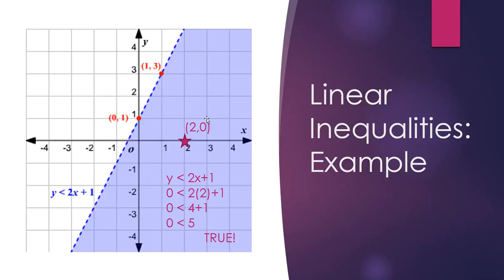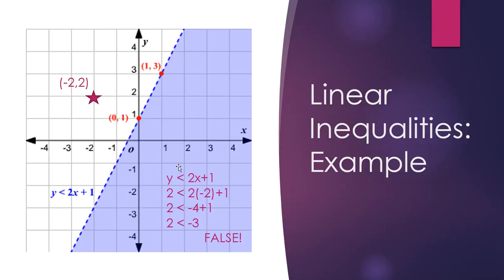If I picked another point in this shaded area, like 3 comma 1, or like 4 comma negative 4, or any other point in this shaded area, and I plugged it into my inequality, I would get a true statement out. Conversely, if I did this in the non-shaded area, so here's an example over here of a point, negative 2 comma 2.